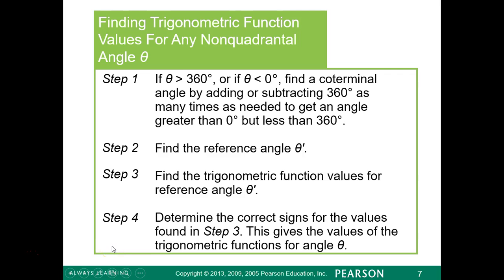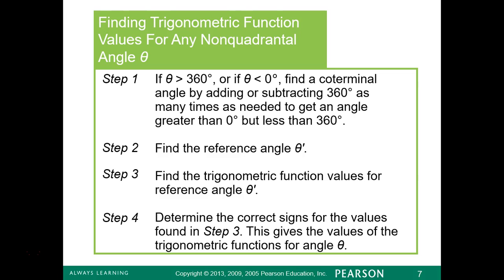Okay, so this right here is showing you pretty much all the steps that I just did in the previous exercise. So finding trigonometric function values for any non-quadrantal angle that is also a special angle is what we're normally looking at in this section. So all of our reference angles are going to be either 30, 45, or 60. And then we've learned about quadrantal angles before.